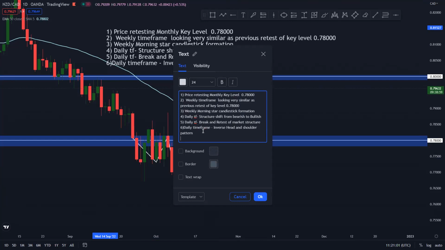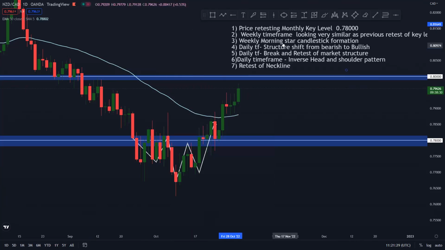And then we're seeing a retest, not just of a market structure, but a retest of the neckline, as seen from the daily time frame.